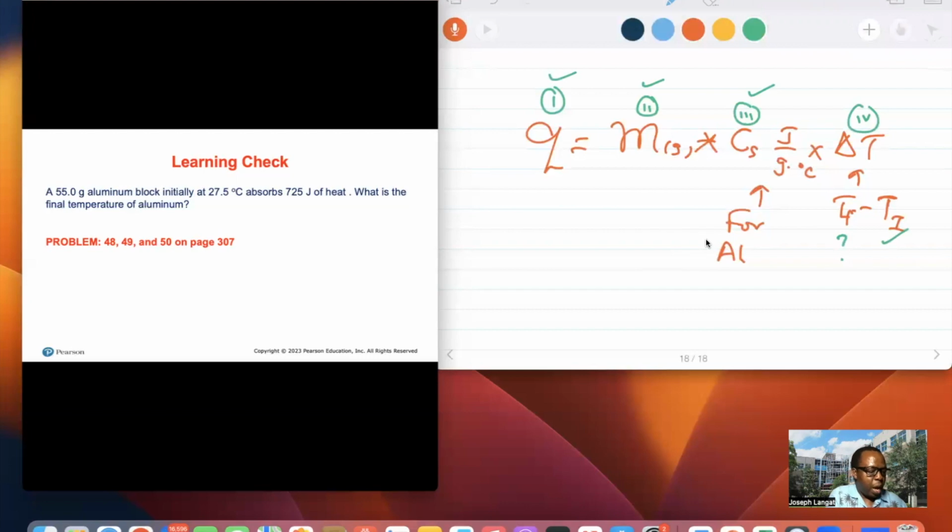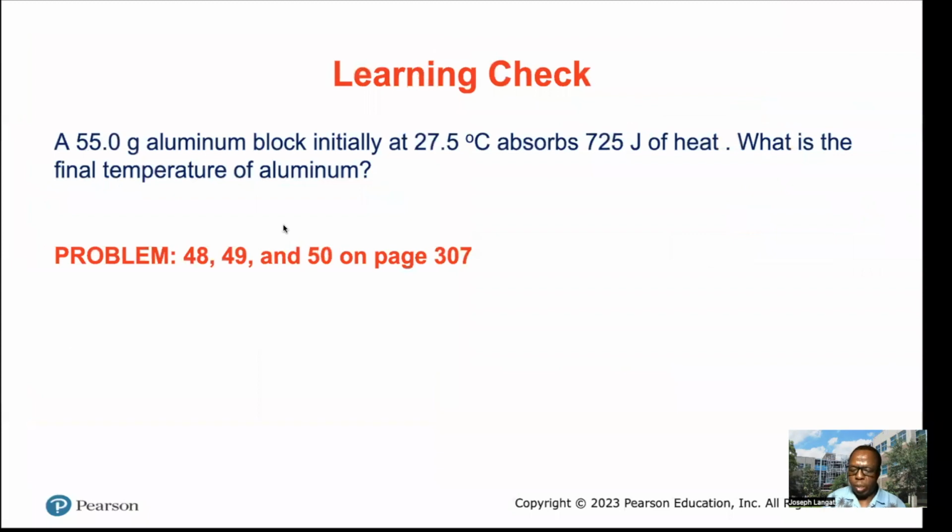But we don't have the specific heat of aluminum, so we need to refer to the relevant section to get it. How do you know that? You don't need to worry. I'll give it to you in the exam.